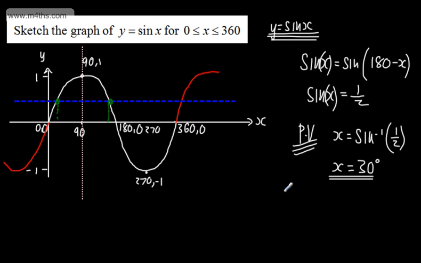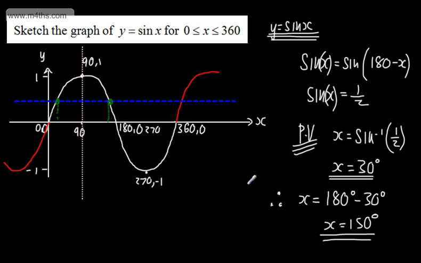What we can say then is the following: therefore, by symmetry, x is going to be equal to 180 degrees minus the 30 degrees. So we have our next solution at 150 degrees. So we have two solutions. Here we have x is equal to 30, and here we have 180 minus 30, which is 150.